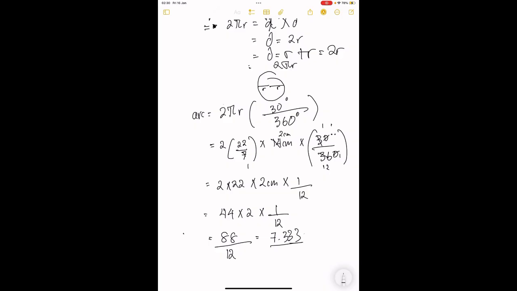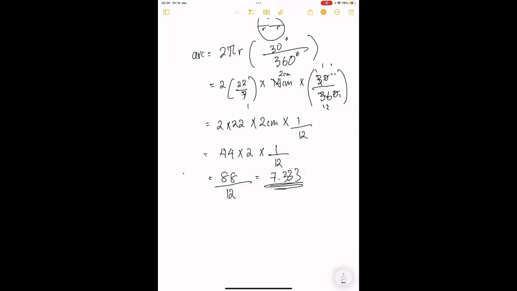But guys, answers like this, it's good to leave them in fraction form. So we're going to simplify this fraction. If we divide at the top and at the bottom by 4, we're going to have 22 divided by 3.